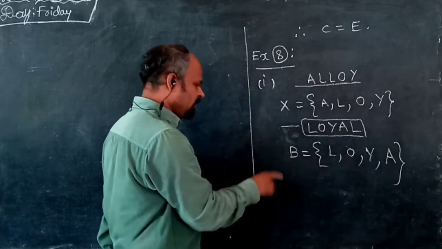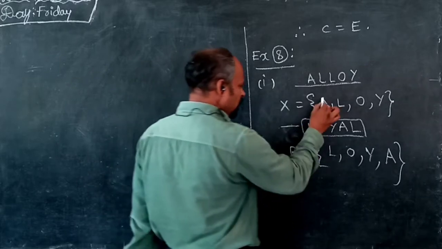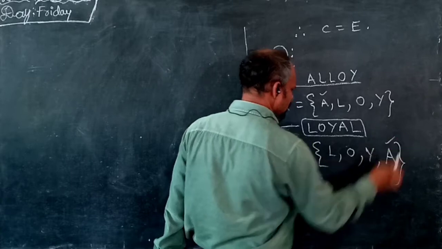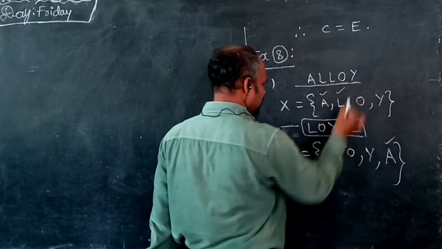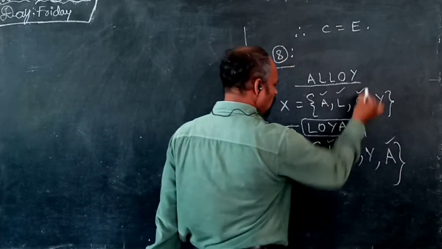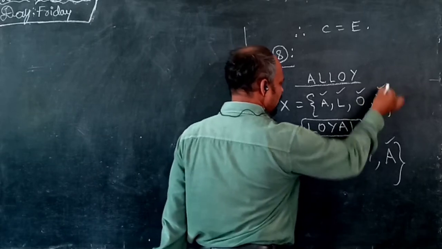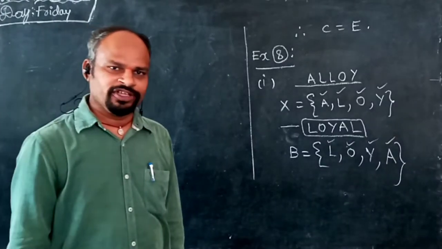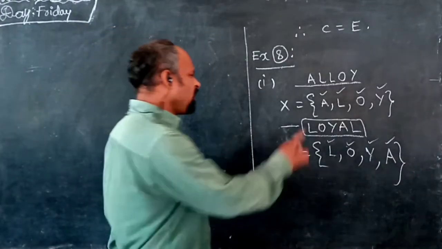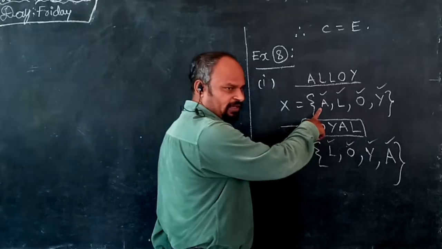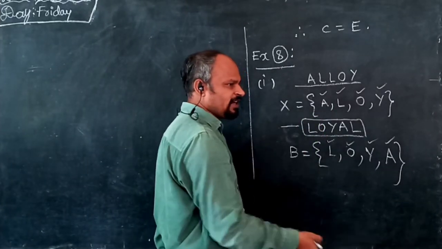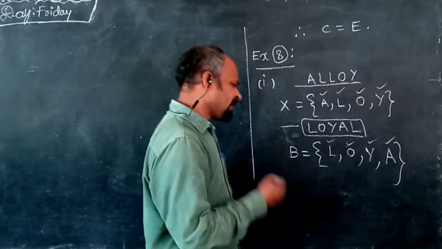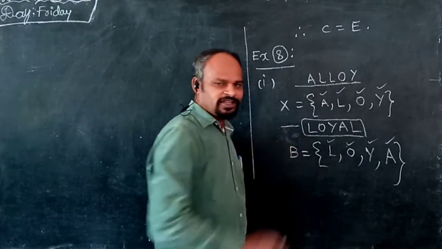Now we will compare X and B. Here you observe A is present, next L, O, and Y. According to the definition of equal sets, every element of the first set is an element of the second set, and all the elements present in the second set will be present in the first set.